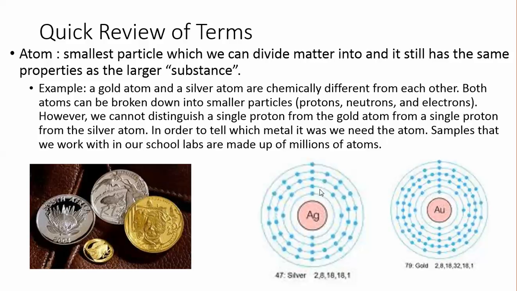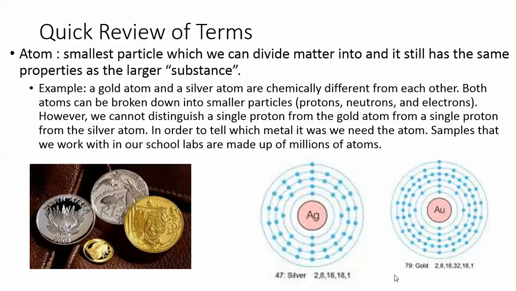If we break these down into their electrons, protons, and neutrons, I can't tell the difference between an electron from the gold atom and an electron from the silver atom. They're the same. Both electrons are the same. The protons are the same. It doesn't matter. And recall that the number of protons in the atom is what determines the element itself.